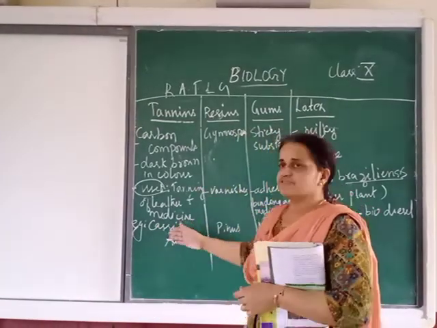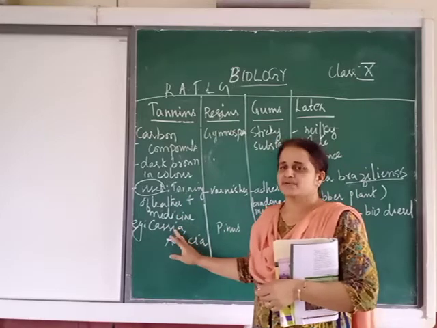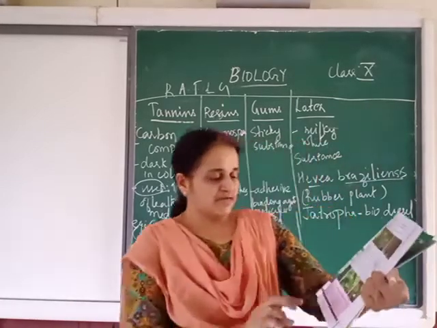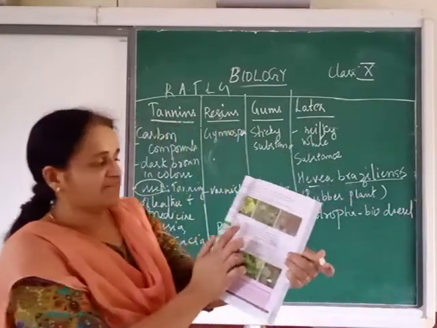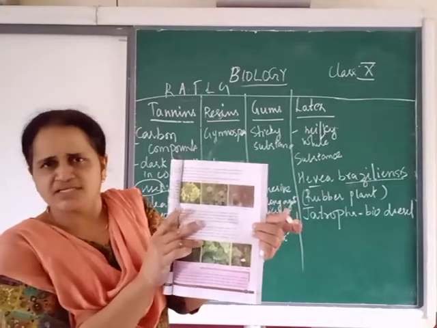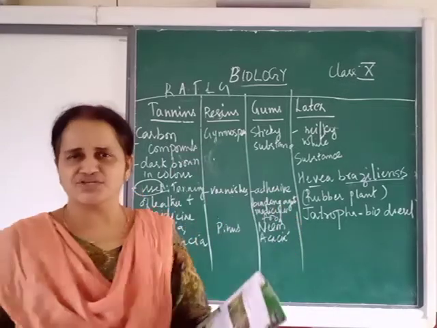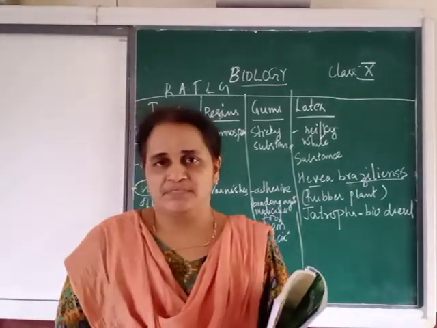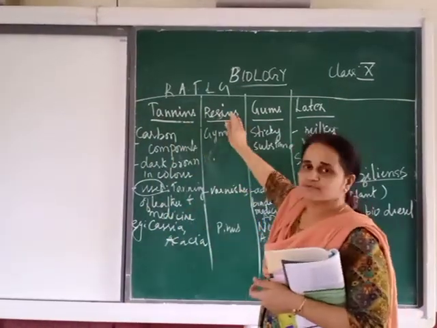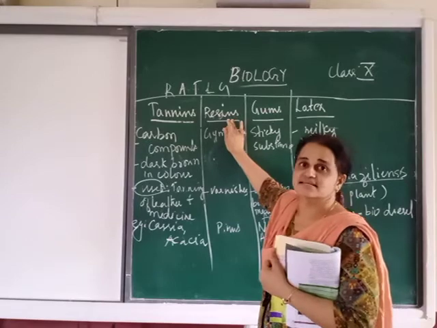And examples of the plants which produce tannin? Cassia and acacia. You can see on figure 87 you have the picture for cassia. Very clearly you can see cassia and acacia. Acacia is commonly known as the babool tree. So cassia and acacia produce what? Tannins.